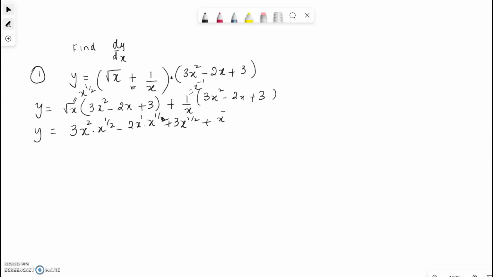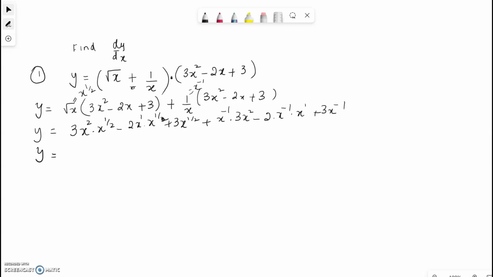So x to the negative 1 times 3 times x to the 2, minus 2 times x to the negative 1 times x to the 1, plus 3 times x to the negative 1.